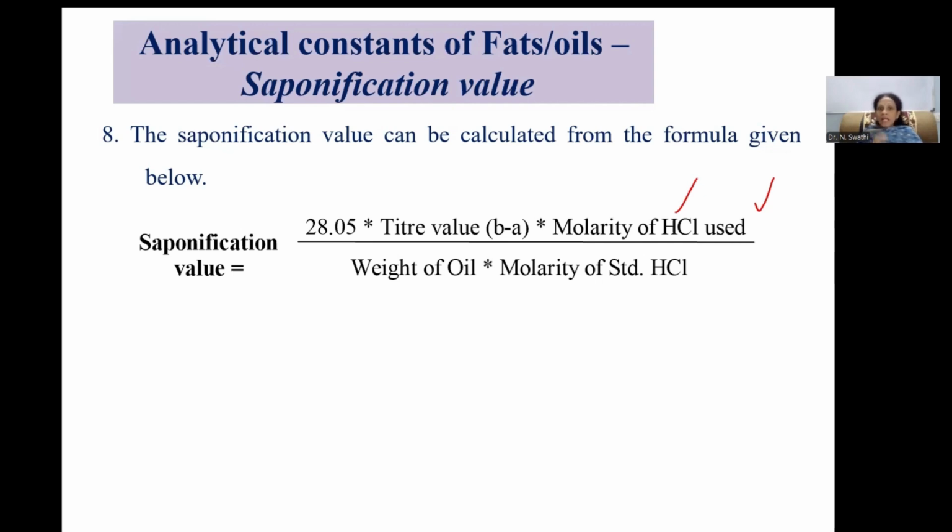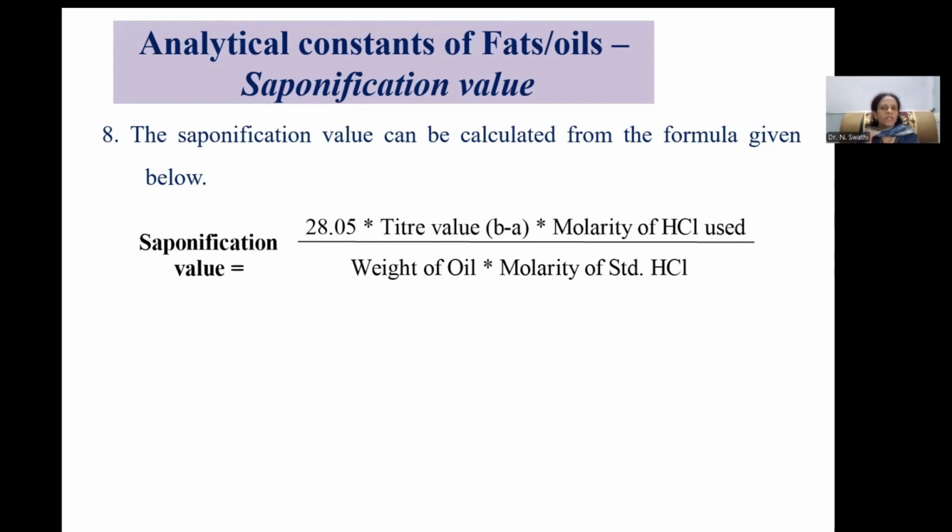Whatever standard hydrochloric acid molarity is mentioned in the IP, which suggests using 0.5 molar hydrochloric acid, that value comes in the denominator. So that is the difference between the molarity terms in the numerator and the denominator. Here 28.05 is the equivalent weight factor for potassium hydroxide corresponding to 0.5 mole. By substituting the titer value, molarity terms and weight of the sample in this formula, we can determine the saponification value of the given oil or fat sample.